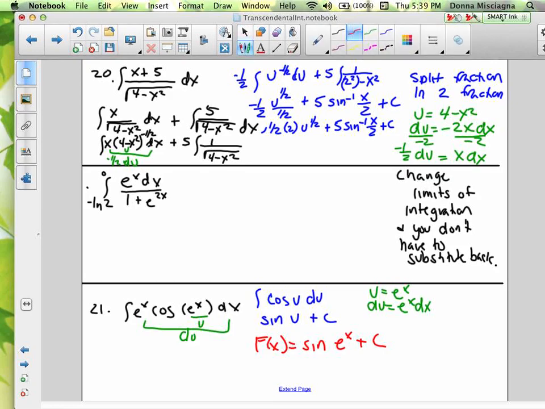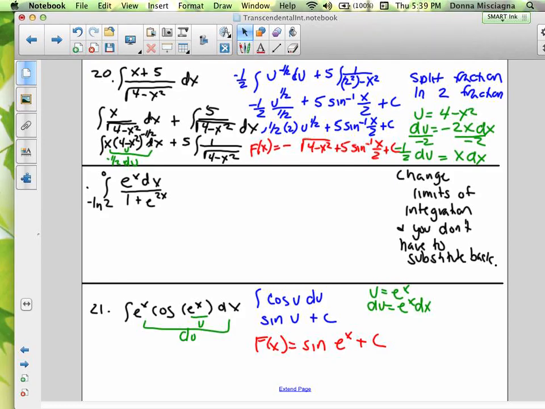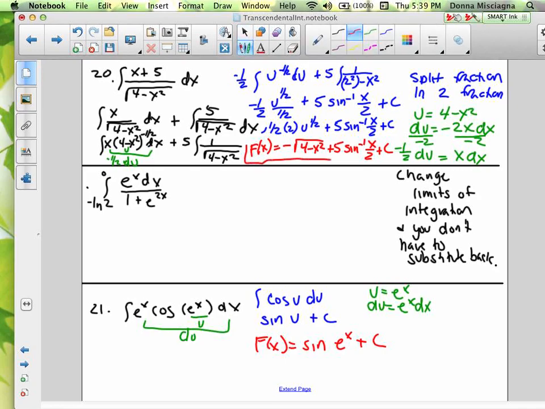So we have f of x equals negative, substituting back, the square root of 4 minus x squared plus 5 arcsine x over 2 plus c. There we go. So sometimes if it looks unfamiliar, just see if we've done something like it, or you can rewrite it to be something like it. In this case, we could split the fraction.